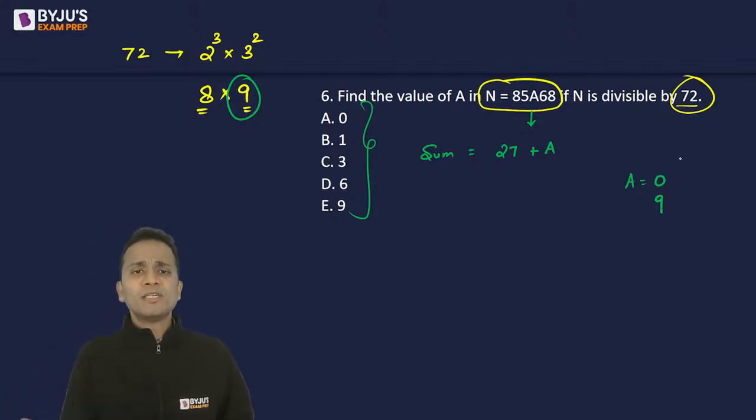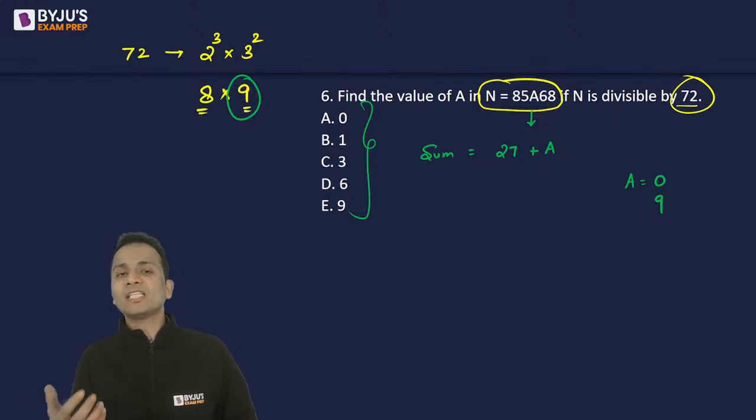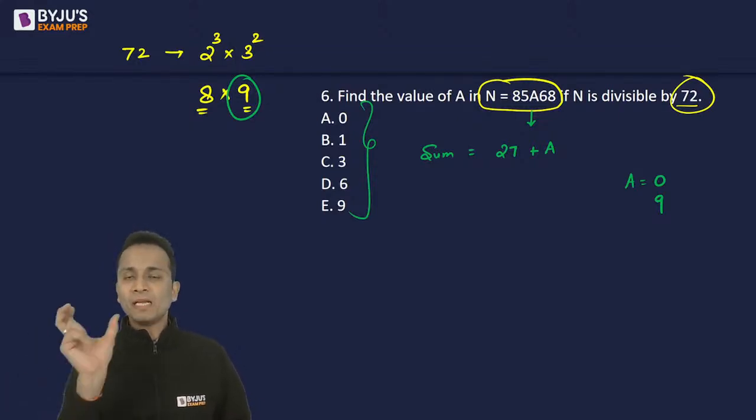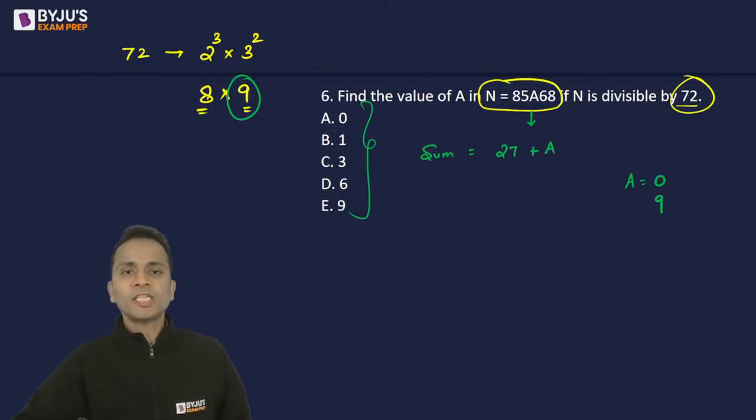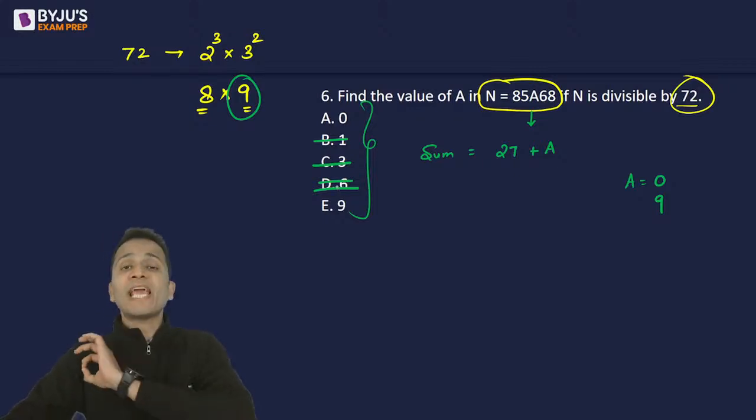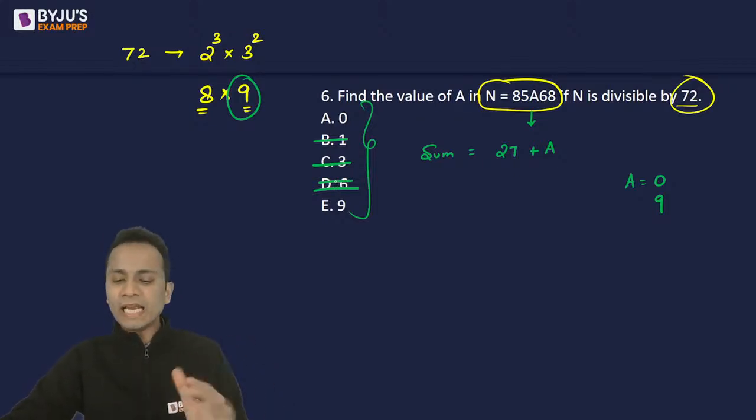Right? If I'll put A as 1, 3 or 6, the resulting sum of digits will not be divisible by 9. So option B, C and D, these three options cannot be the answer. पहले ही eliminate हो गया. Alright? So option D तो आंसर हो ही नहीं सकता, जो maximum students ने बताया है.